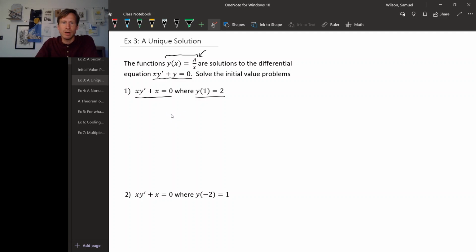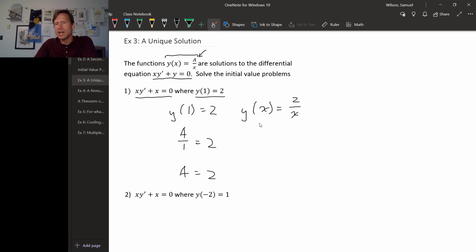So y of 1 equals 2 becomes, we're just plugging x equals 1 into this formula for y of x. We get capital A over 1 equals 2. So capital A is 2. And so the formula we get for this particular initial value problem is y of x is 2 over x.